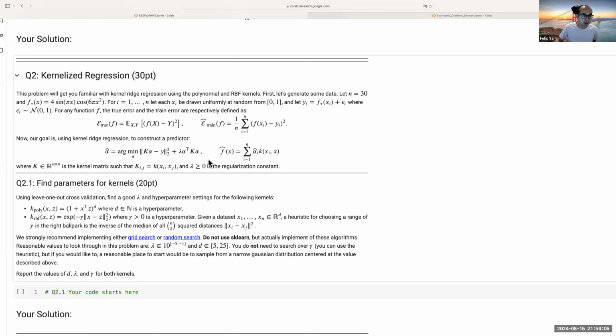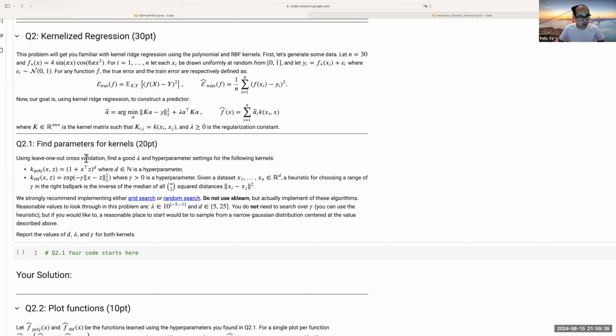Big K right here is a kernel matrix you can calculate by yourself, and this lambda is some regularization constant. In class we already showed you how to calculate this analytically.